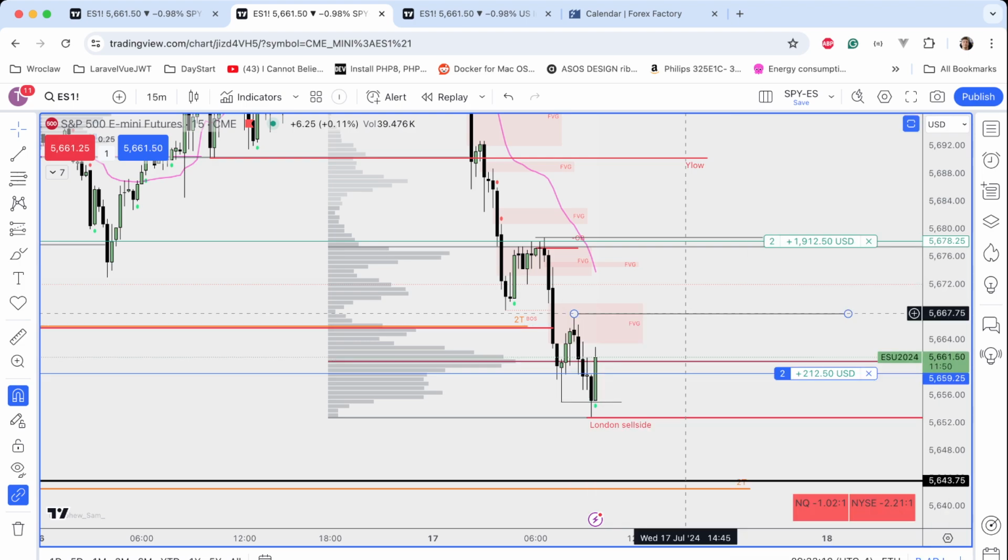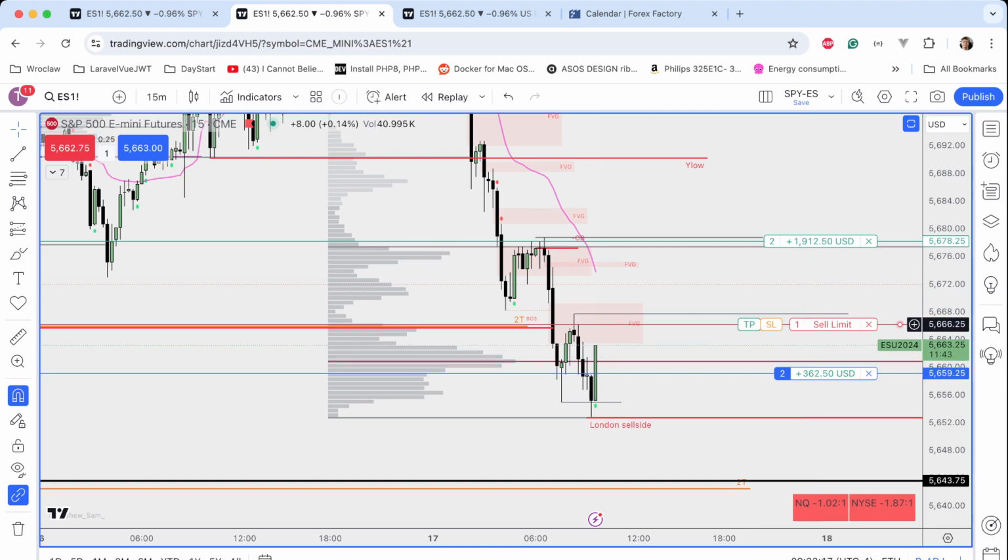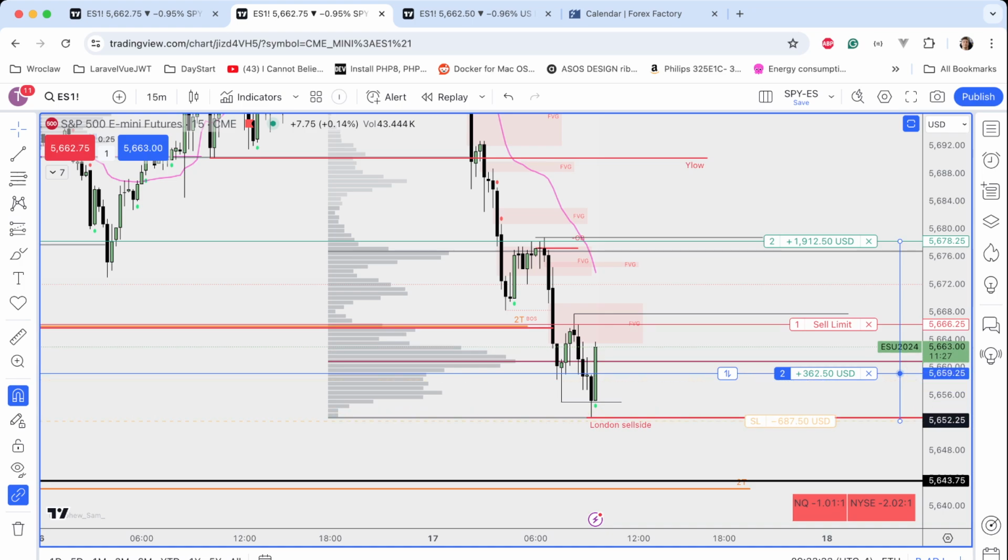Just sell one here. Obviously stop loss is below. I mean, I'm gonna close this earlier than that. If we start to go below this candle, I'm out.